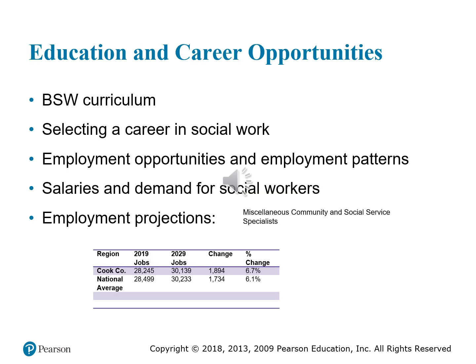The employment projections for social work are tremendously good. By the year 2029, we are expecting a 6.7% increase in social work jobs in the Cook County area alone. That means that social work will be greatly needed in the next 5 to 6 years.